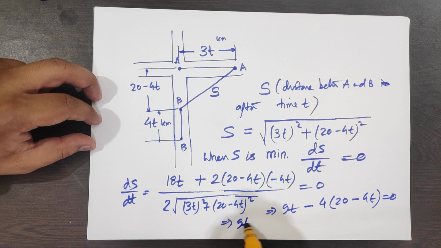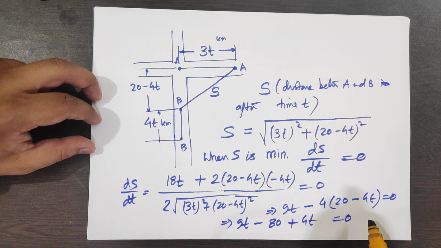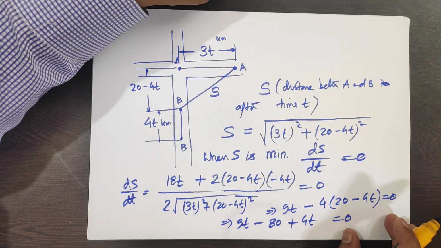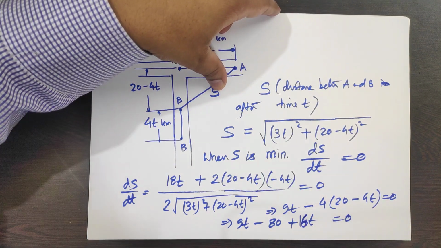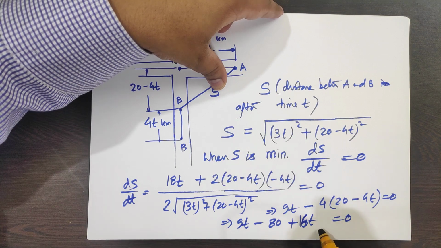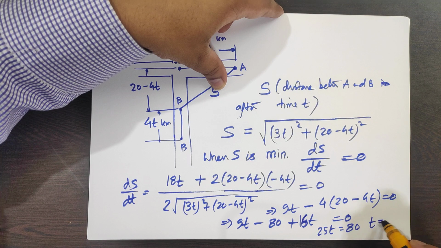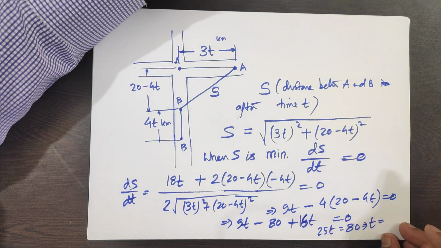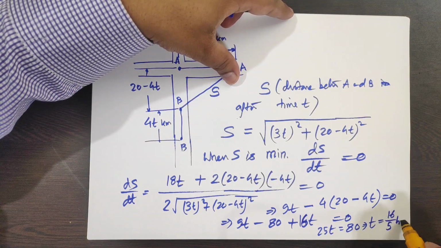So what you get here? 9t minus 80 plus 16t equal to 0. No, sorry, that's 16, right? 16. So how much is that? 9 plus 16, 25t equal to 80. So t is equal to 80 by 25, I guess it's 16 by 5 hour.